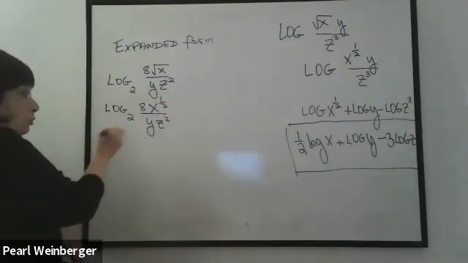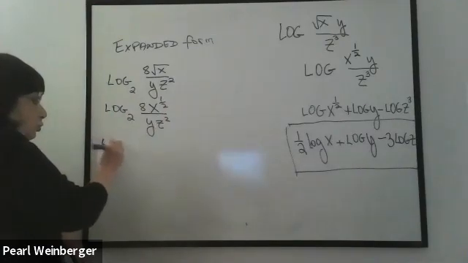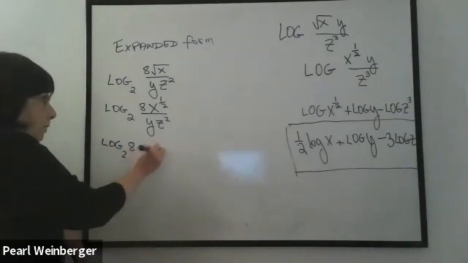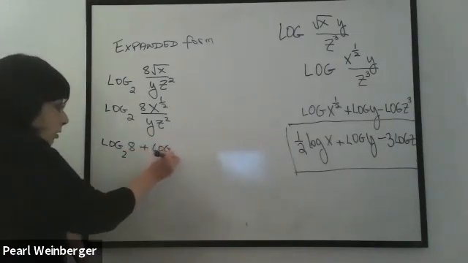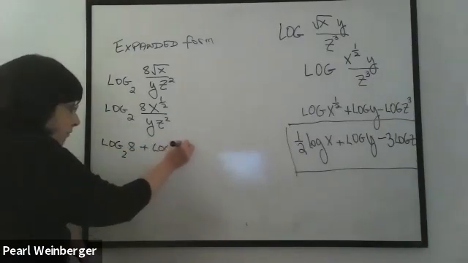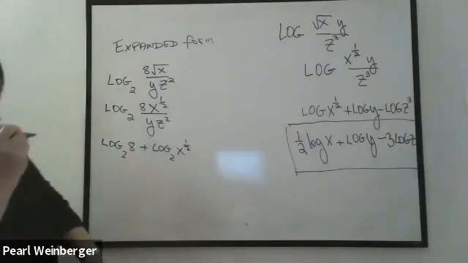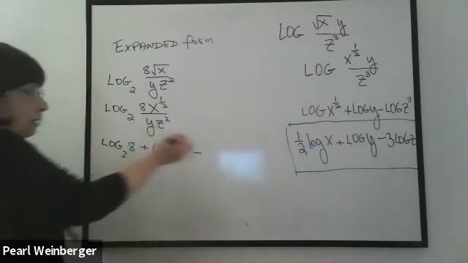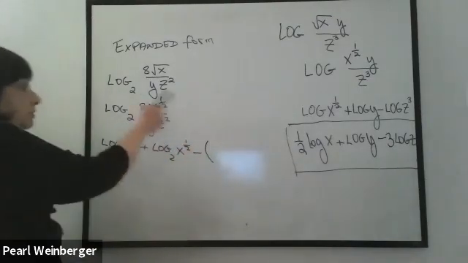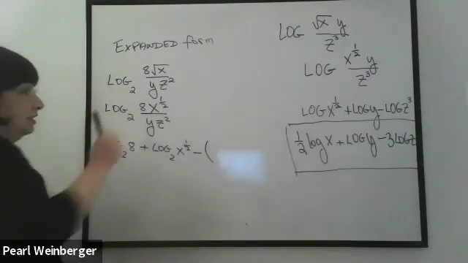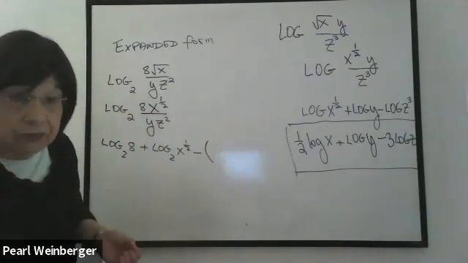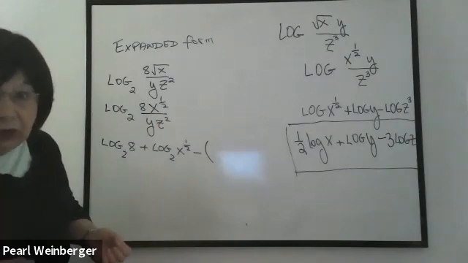So I'm going to do the log base 2 of 8 plus the log base 2 of x to the 1/2 minus, now here I'm going to have to be subtracting, so I'm going to put a parentheses because I'm subtracting anything that's in the denominator. Why? Because anything that's in the denominator is actually being subtracted.